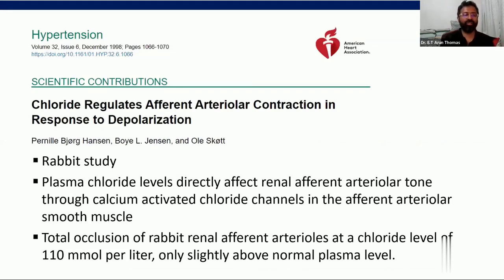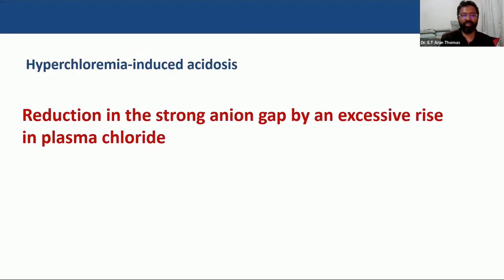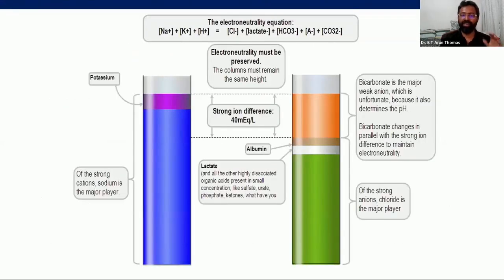This patient had renal vasoconstriction that could be causing the acute kidney injury, and a reduction in the strong ion gap, because there is a gap between the sodium and chloride level. Sodium is a strong cation and chloride is a strong anion, and total cations should be equal to total anions. So if you are giving a lot of normal saline, what happens?